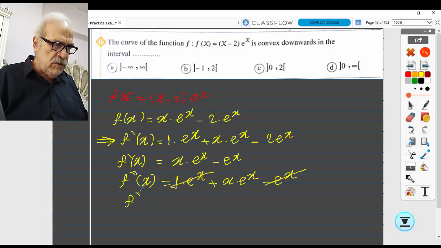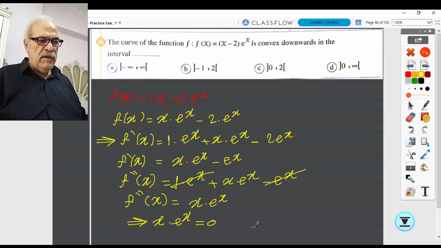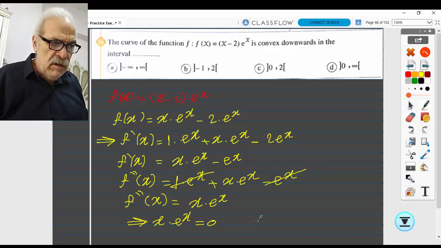So f double dash of x equals x dot e power x. Now put f double dash of x equals 0. It means x e power x equals 0. And this happens only when x equals 0.